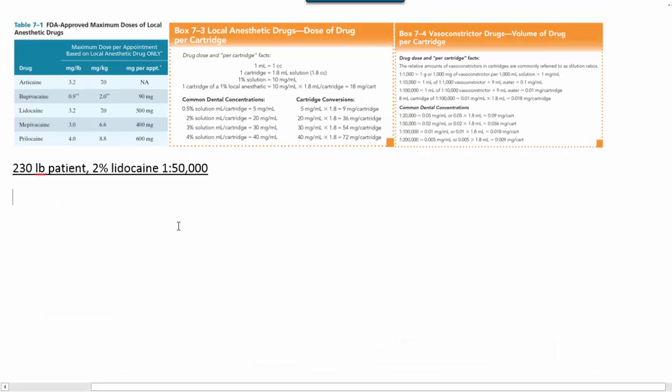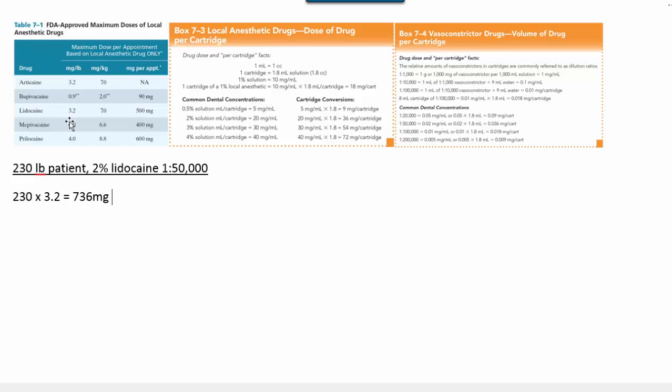Let's do the same calculations for a patient who weighs 230 pounds and will receive 2% lidocaine at 1 to 50,000 epinephrine. Okay, determine the patient's MRD for lidocaine. So 230 pounds times 3.2 for lidocaine is 736 milligrams.